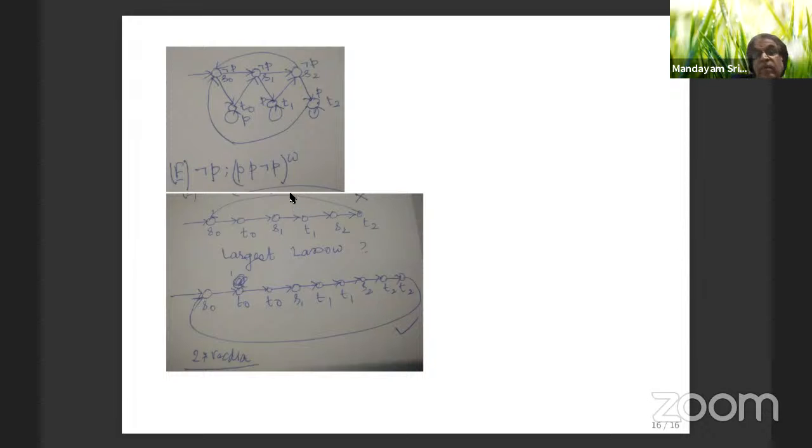And this has to be done on a property by property basis, or like I said, the one paper that I referred to has certain classes, subclasses of LTL properties that satisfy certain structure.